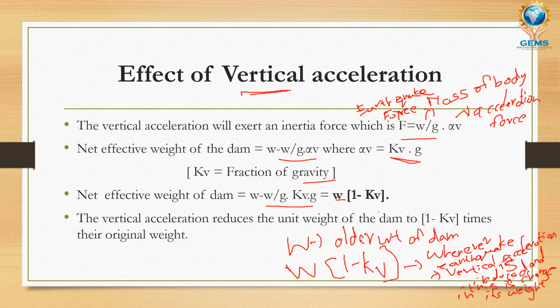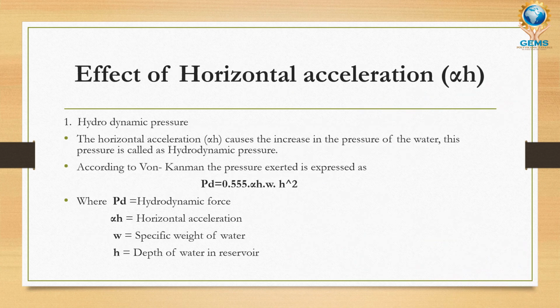This vertical acceleration reduces the unit weight of the dam to 1 minus kV times. The older weight is W, and due to the vertical acceleration induced by earthquake forces, this older weight gets reduced to W into 1 minus kV times. Okay, understand it.